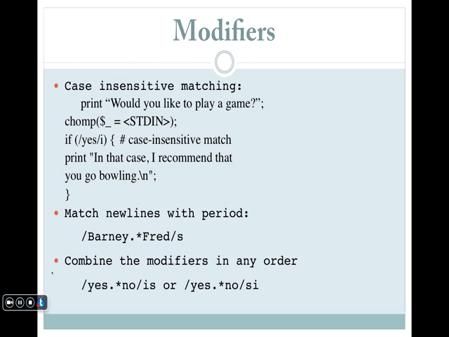What s will do is apply to the dot the concept that now the dot is not any character but also the newline is included. So here it will match Barney, newline, Fred, or Barney whatever it is, the words hello world, for example, Fred, whatever characters in the middle. So we are combining them.